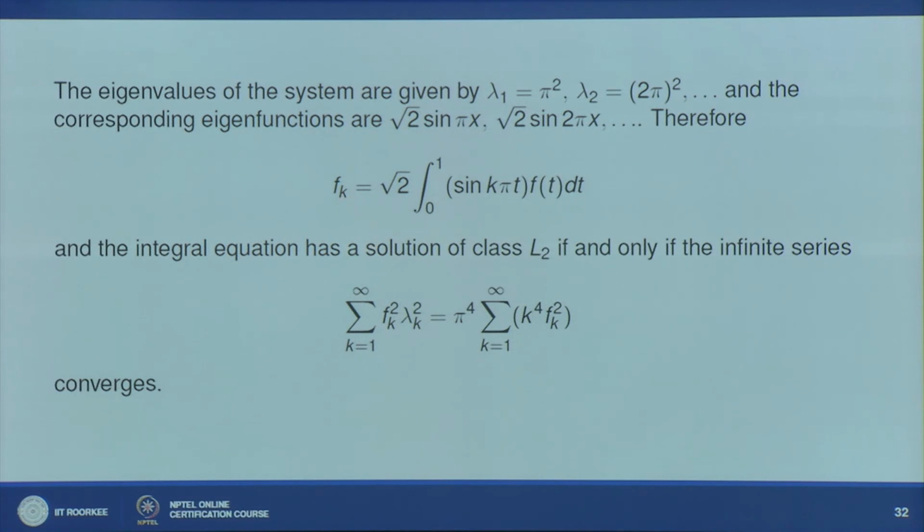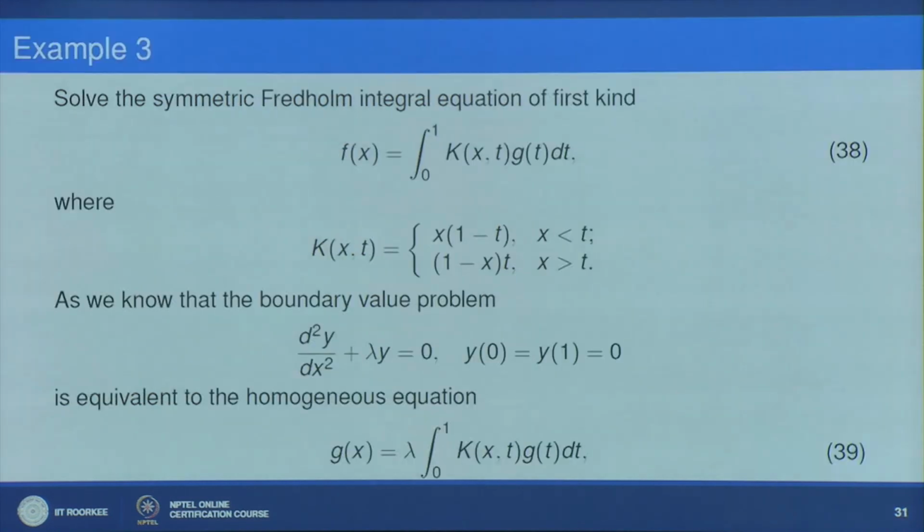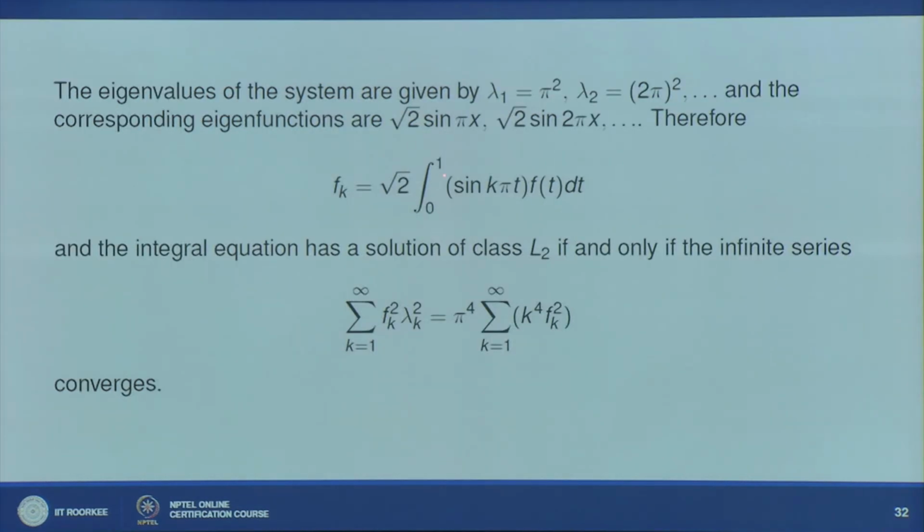Now you can calculate your Fourier coefficient f_k like this: root 2 times the integral from 0 to 1 of sin k pi t f of t dt. Once we have f_k, you can calculate the sum of f_k over lambda_k squared, which is pi to the power 4 times the sum from k equal to 1 to infinity of k to the power 4 f_k squared.